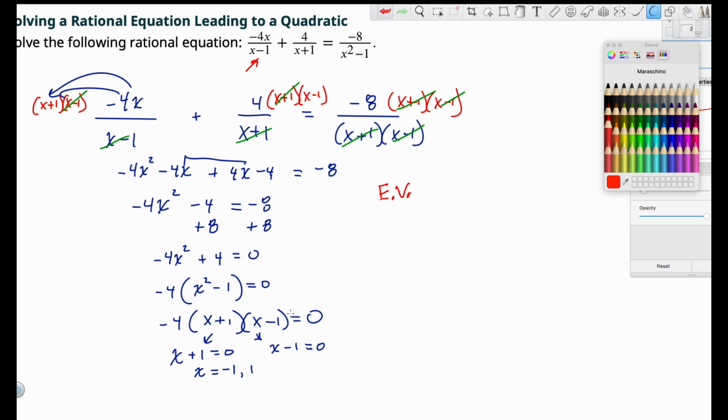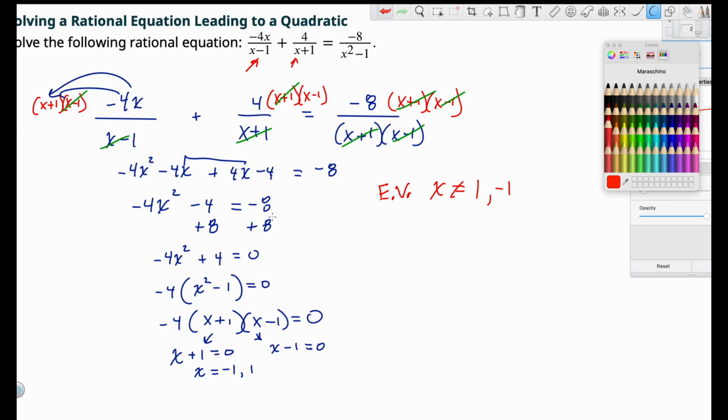So 1 does not work. X cannot be equal to 1. Now look at this -1. If I were to put this -1 in right here, this would give me a 0 in this denominator, and that does not work. So x can also not be -1.